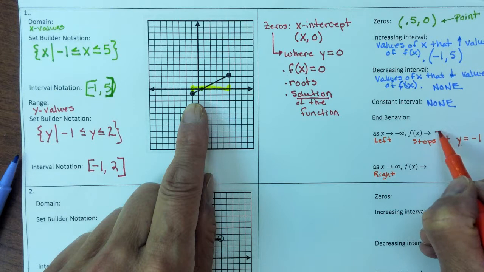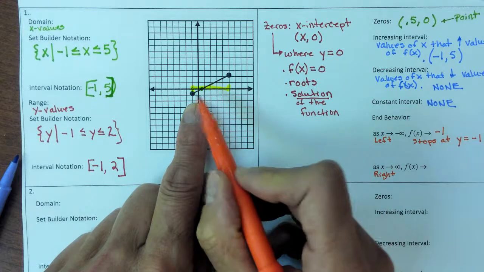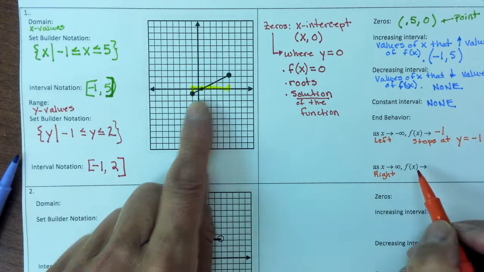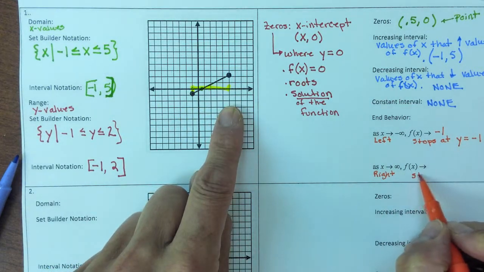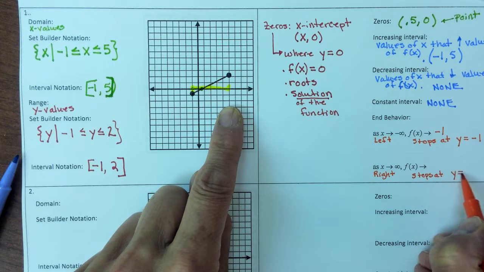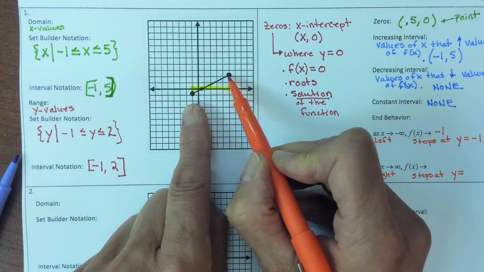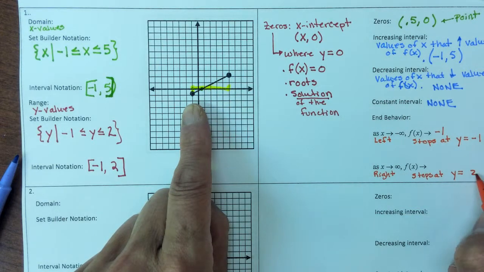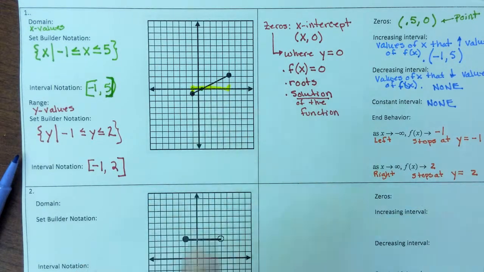So here I'm just going to put -1, though technically it's not going that way. And here it stops at y equals, well, what's the value of y? y is 2. Okay, so that's that example. And we'll look at a couple more in another video.